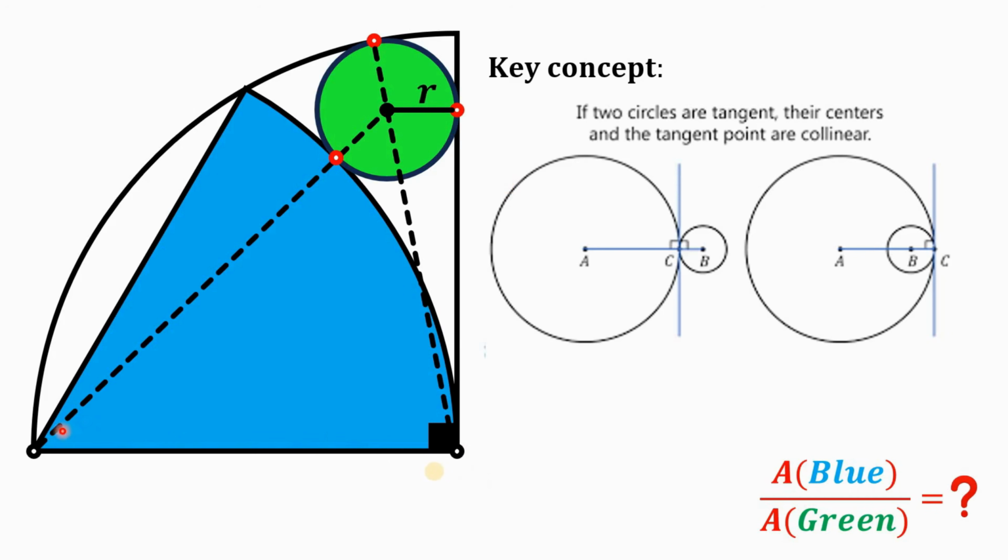And the radius of this quarter circle, or this sector, is capital R. If we get a relationship between capital R and small r, then we're done. And in order to do that, from this center of the circle, let's drop a perpendicular segment like this. And now let's focus on this figure.